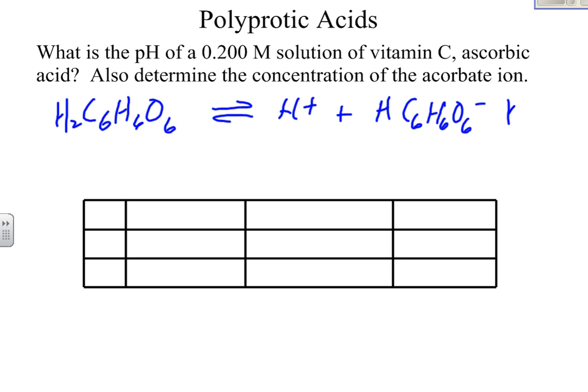According to the table, that Ka1 was equal to 8 times 10 to the minus 5th. In our table, we've got our initial, our change, our equilibrium, and we've got our acid, so we'll just abbreviate that as H2A this time, H+, and HA-.